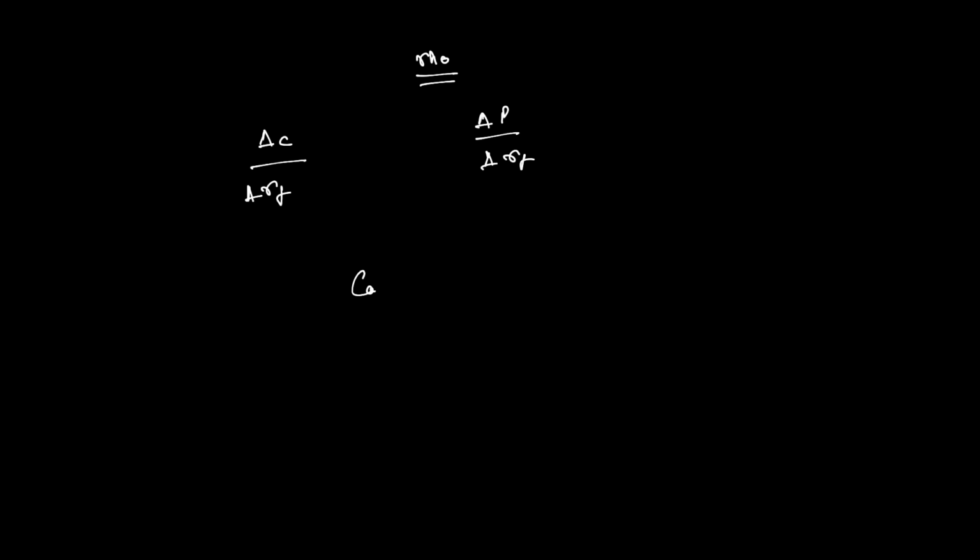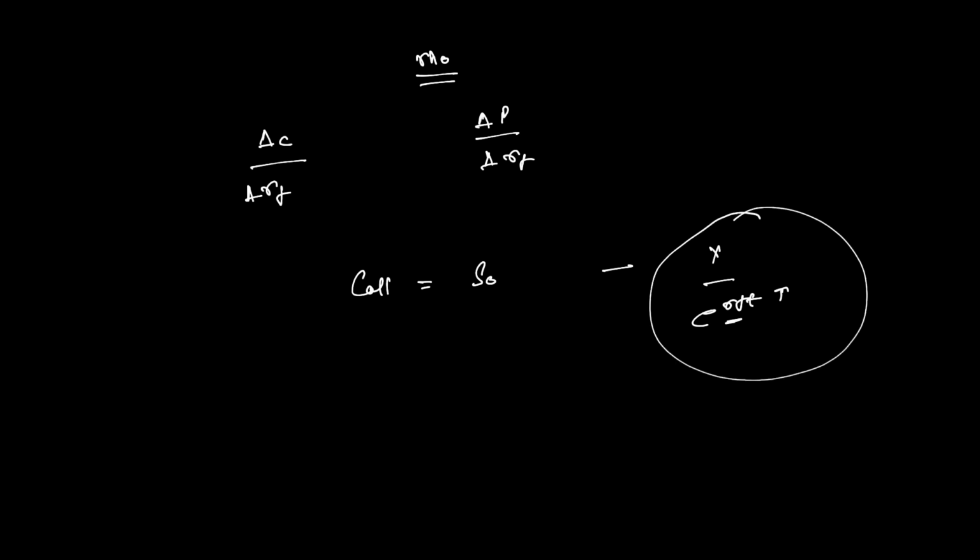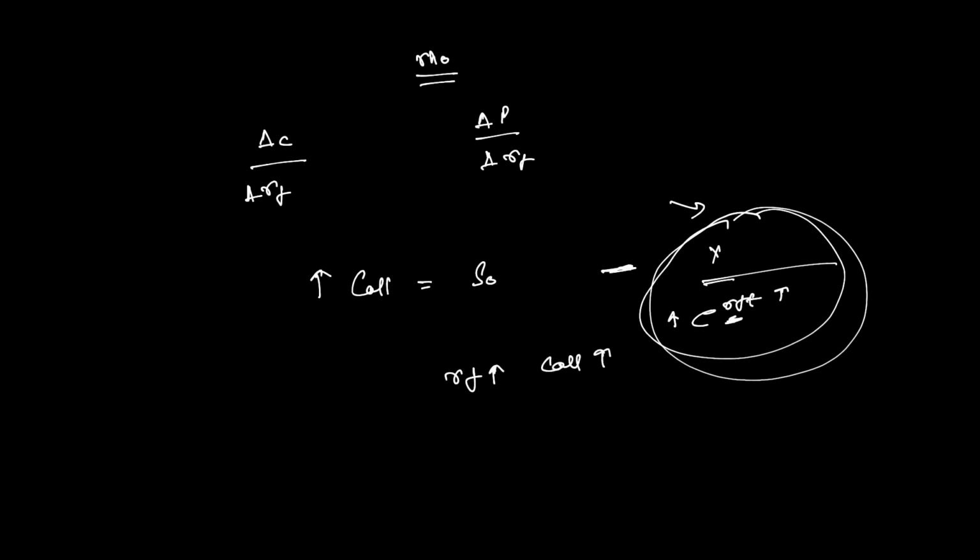We know that the call value is equal to S0 N(d1) minus X upon e to the power RF into T, into N(d2). I'm not writing N(d1) and N(d2). Understand, if RF increases, this section will decrease, because if RF increases, the denominator increases, the whole value decreases, and it is coming after a negative sign. So the call value will increase. So if RF increases, the call value is increasing.